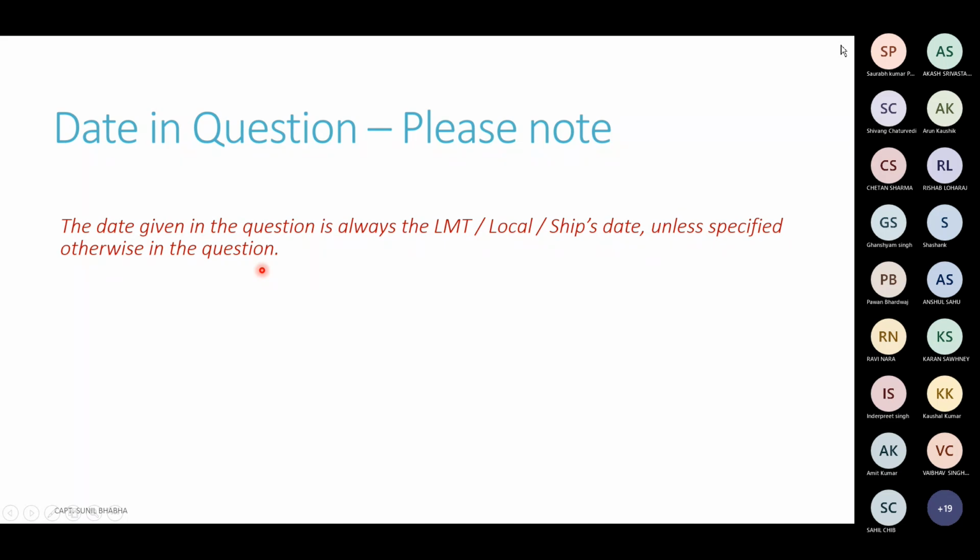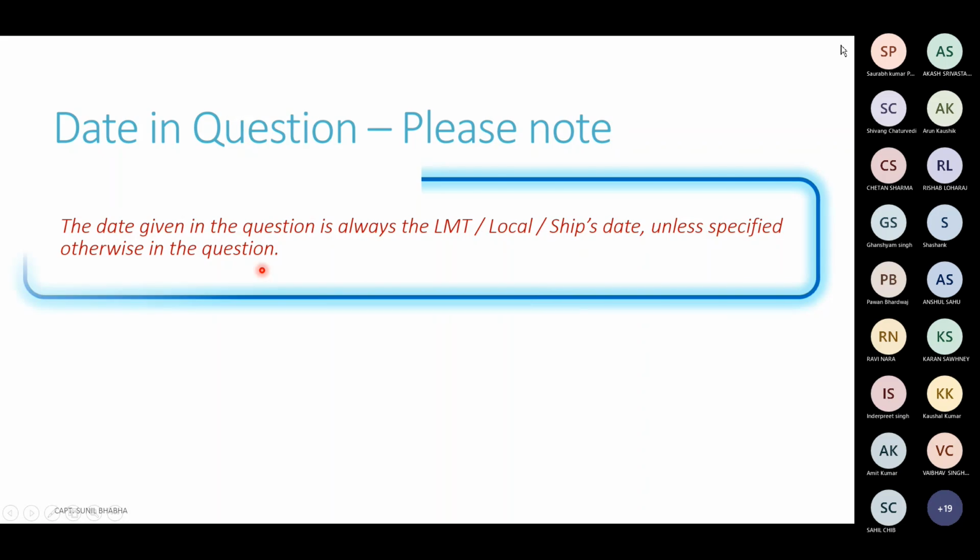So the meaning is that we are always going to use this date as the LMT date, local date, or ship's date, unless the question specifically mentions that this is the GMT date. Only in that case, when it is specifically mentioned that this is the GMT date, we use it as GMT. Otherwise, the date is always to be considered as LMT date.